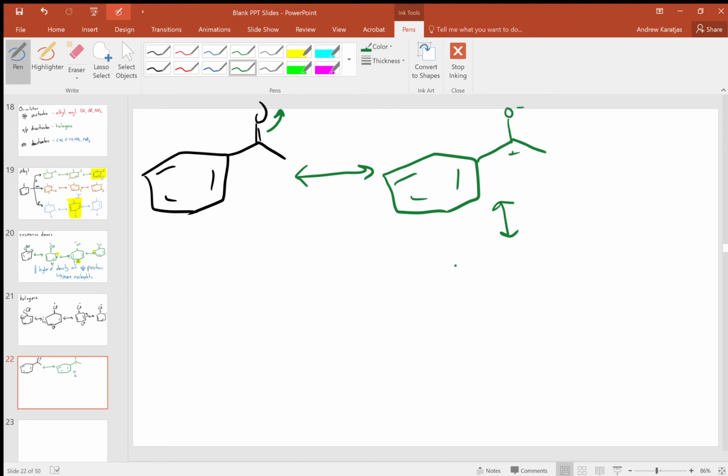So once we have that positive charge next to the aromatic ring, we know we can draw a set of resonance structures that will distribute that positive charge all around the aromatic ring.